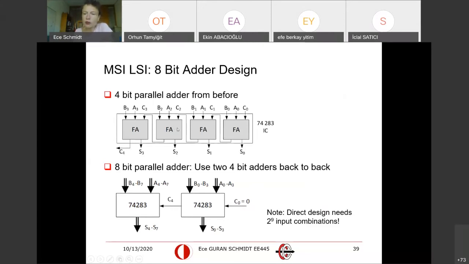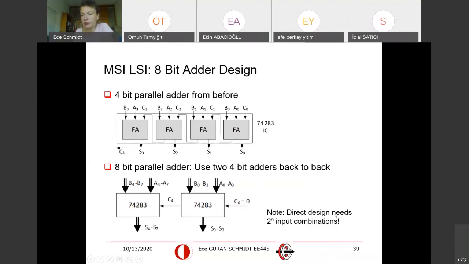So we also said you can cascade these things. So there's a carry in, there's a carry out for 4 bits. These are parallel. So you see that 4-bit operand A, 4-bit operand B, 4-bit sum, and this generates a carry out. I plug in the carry out to the carry in of the next, and now I have an 8-bit parallel adder.